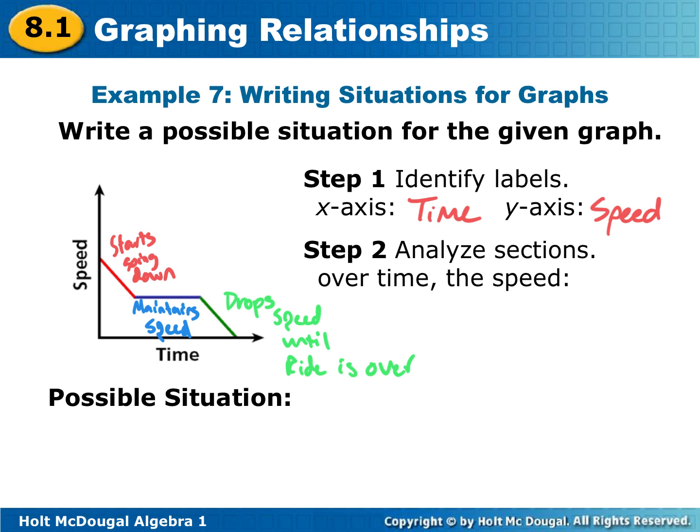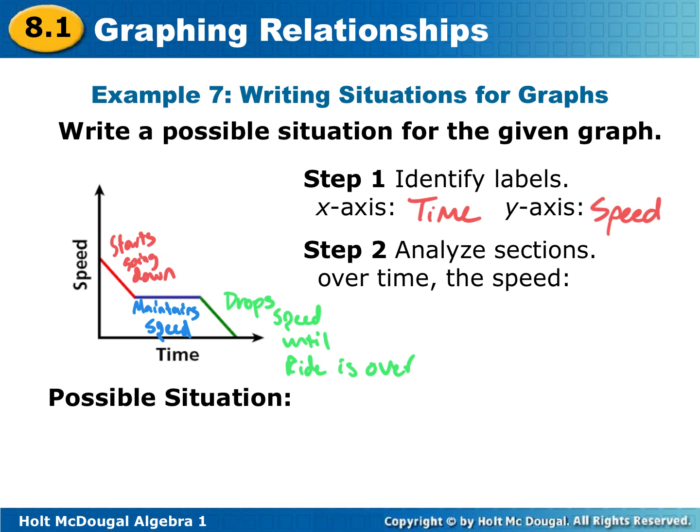Now, I'm not going to require you, if it's something like this, to write out a big long paragraph. You're more than welcome to if you want to, but I'm not going to require that yet. If you can describe it writing next to it and I can read it, that is perfectly fine for me. But if you were having to write this as a given scenario, you'd say, at first the child gets on the slide and he starts going down and picks up speed.